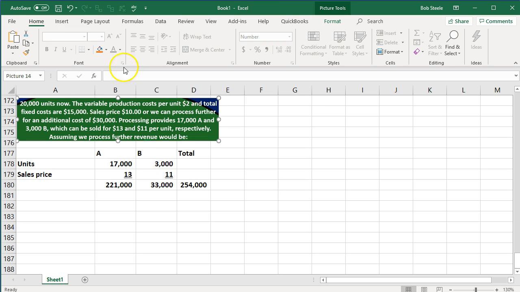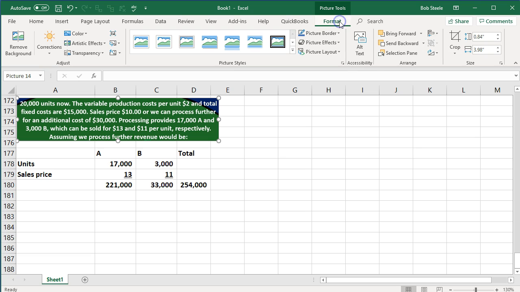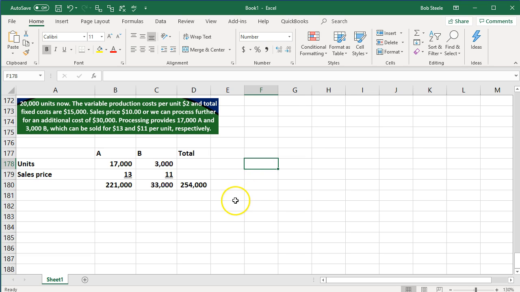Okay, here we are back in our problem. Now, we're looking for the incremental revenue, so I'm going to adjust this last line item from the last question. We figured out last time what the revenue will be if we process further. If we don't process further, the units that we're going to have is going to be the 20,000.